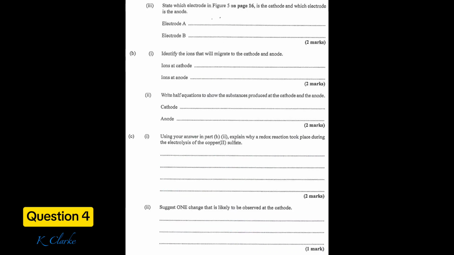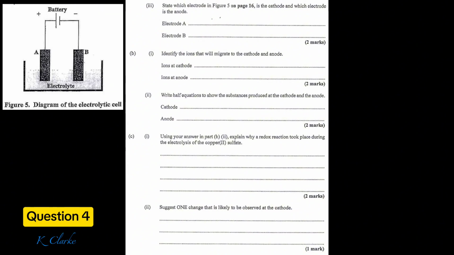Part 3. State which electrode in Figure 5 on page 16 is the cathode and which electrode is the anode. Electrode A has a positive charge, therefore it is the anode, while electrode B has a negative charge, this is the cathode.